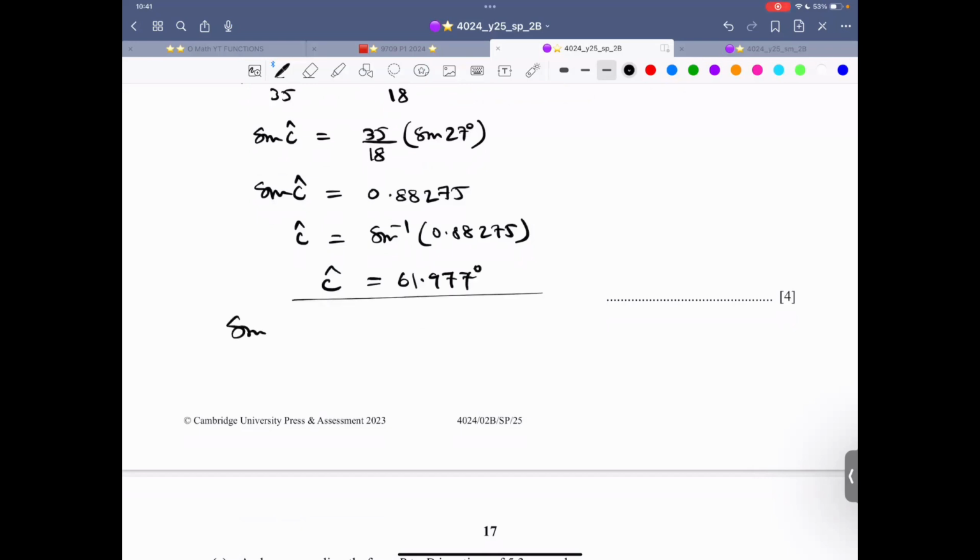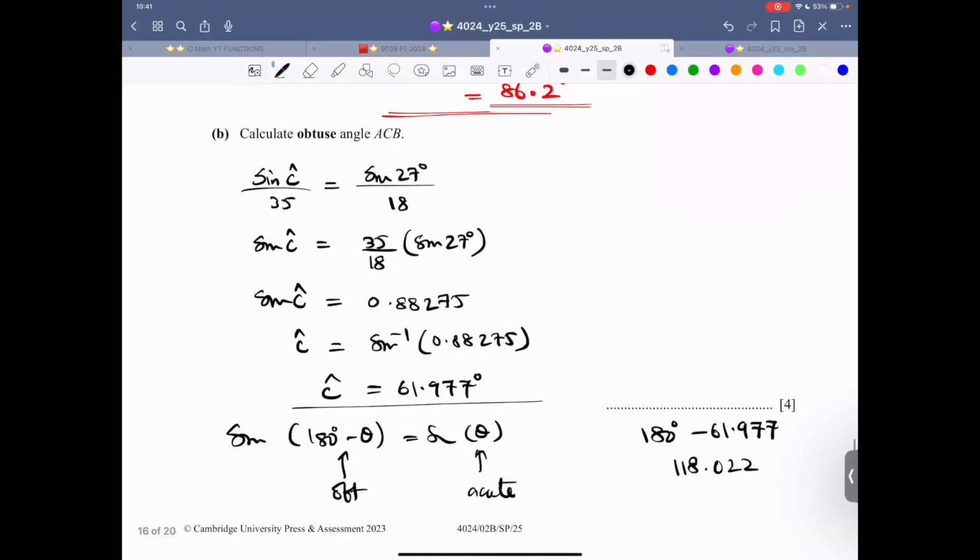We know that sine of 180 degrees minus theta is the same thing as sine of theta. If this is obtuse and this is acute, it's the same. That means 180 minus 61.977 comes out to be 118.022.